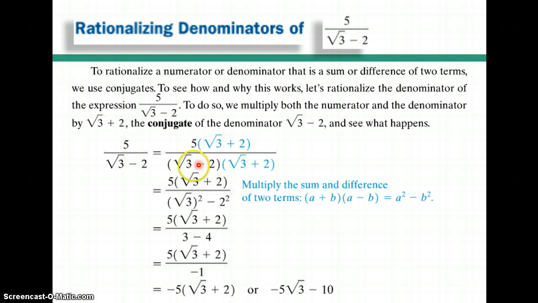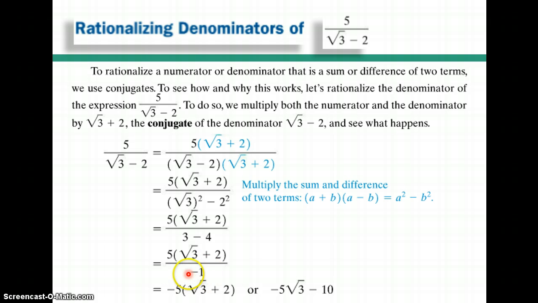So we have square root of 3 square minus 2 square. So we have 5 times square root of 3 plus 2 over square root of 3 square, equal to 3, minus 2 square is 4. So we have 5 times square root of 3 plus 2 over 3 minus 4 equal to minus 1.